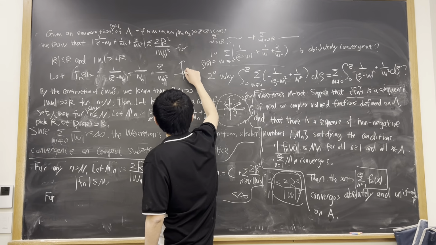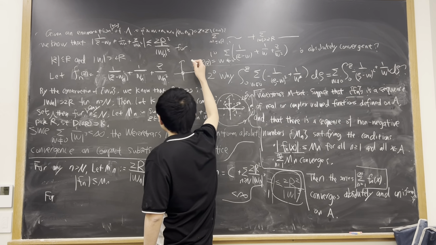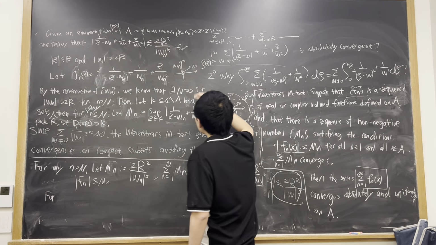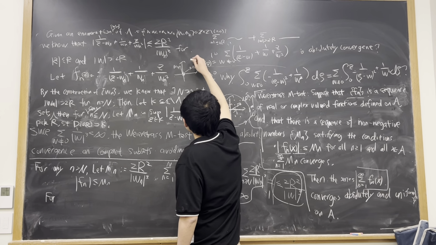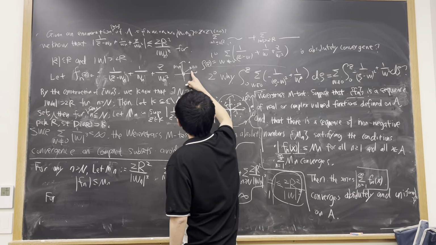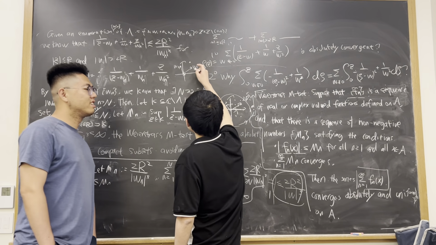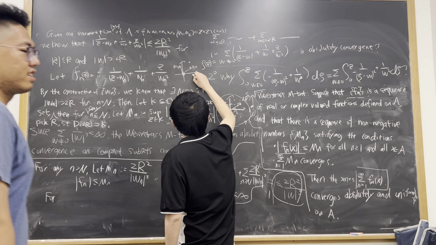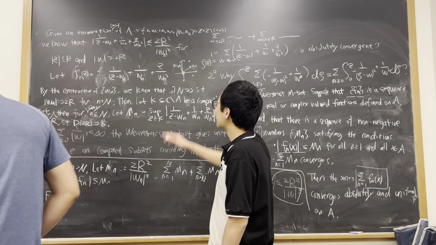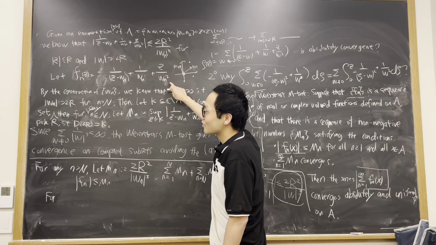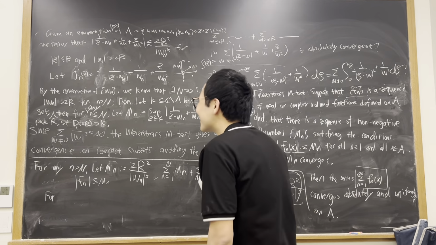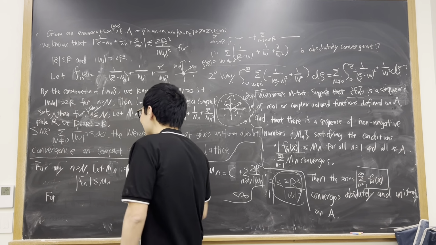Basically you have two complex numbers, omega 1, omega 2, and then you define all the linear combinations of these two. Omega 1 is a vector like that, omega 2 is a vector like that, and then you add the two up. So basically we want to show this is convergent.